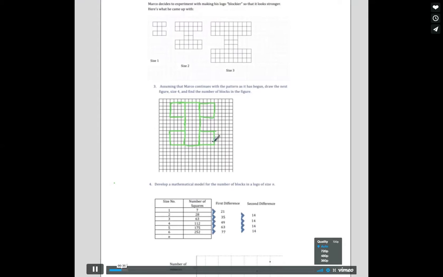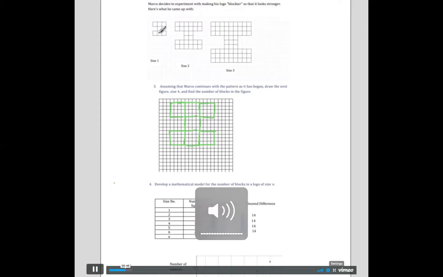Okay, so I already drew this just to save a little bit of time. But what I did is I broke it up into different sections when I was drawing this. When I looked here, there were 7 different blocks. Here, once again, I broke it up into 7 pieces, but now they were 2 by 2 blocks.